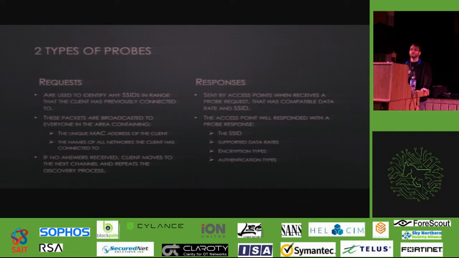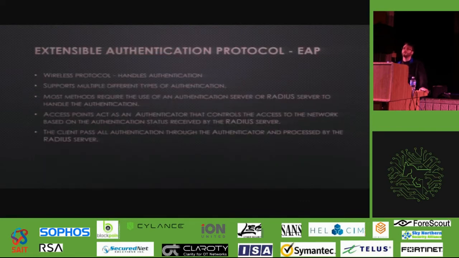The last one that we focus on as testers is the EAP protocol, which is Extensible Authentication Protocol. It handles the authentication where credentials or pre-shared keys are passed. Multiple different authentication types are used by PEAP, the protocol. In most cases, we see this a lot with enterprises, is the use of a RADIUS server.